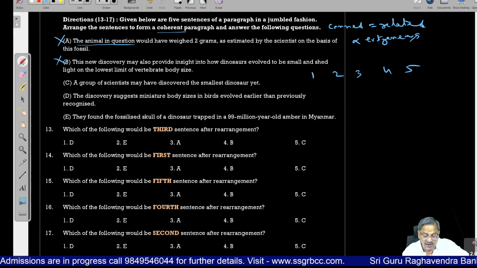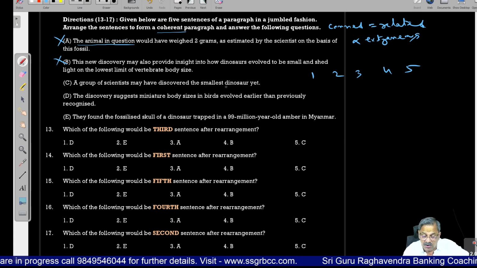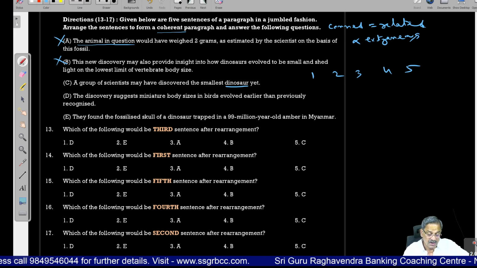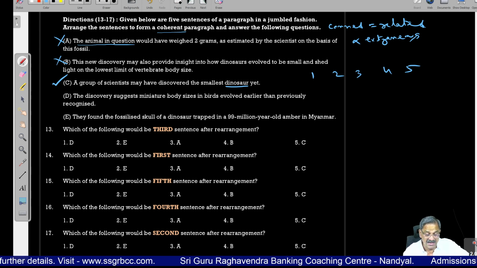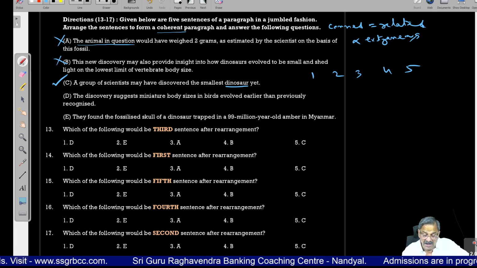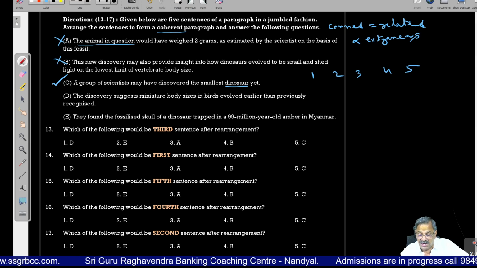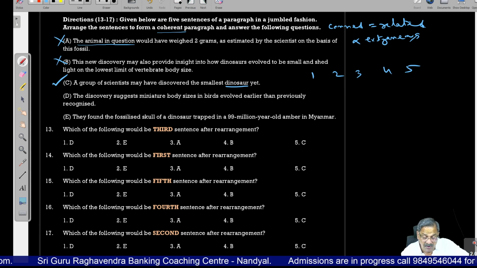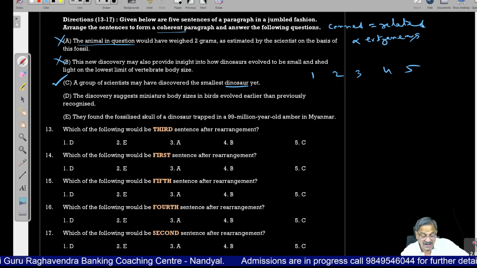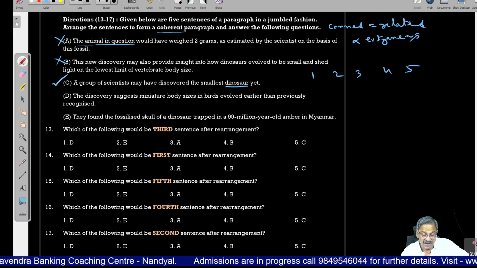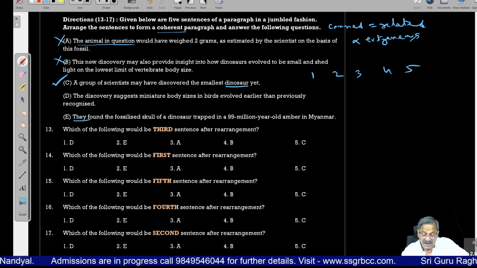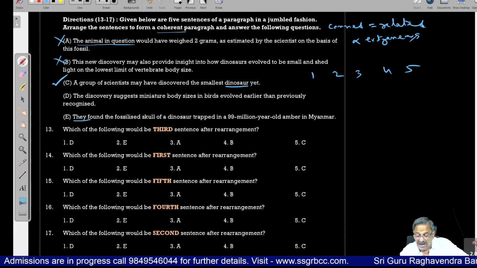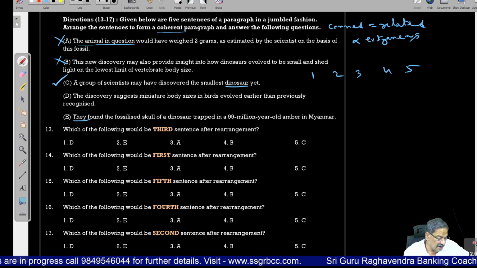A group of scientists may have discovered the smallest dinosaur yet. So this may be the first sentence. The discovery suggests that miniature body sizes in birds evolved earlier than previously recognized. They found the fossilized skull. What is they? We don't know. They found the fossilized skull of a dinosaur trapped in 99 million year old amber in Myanmar.